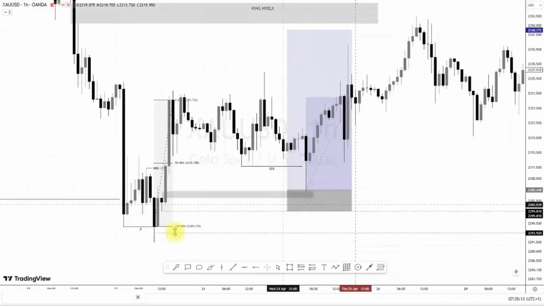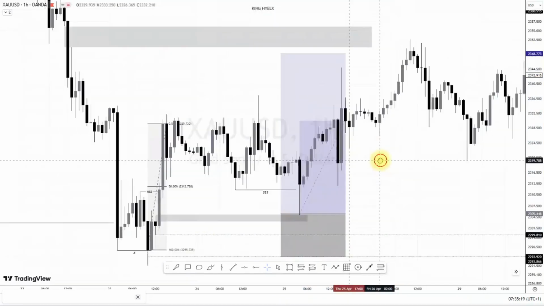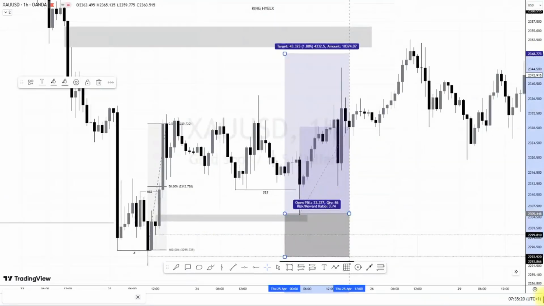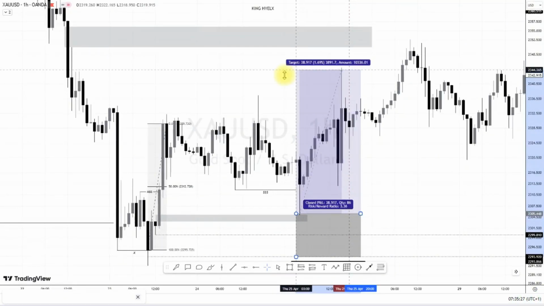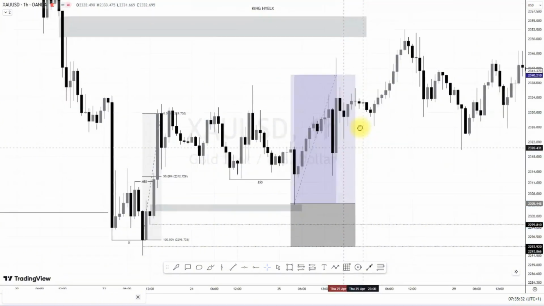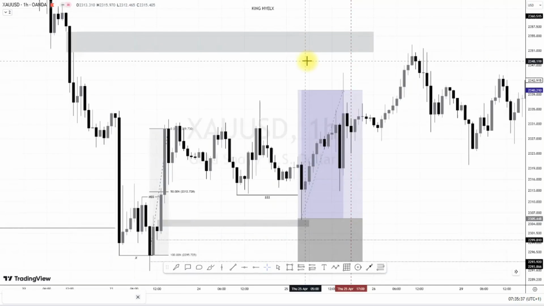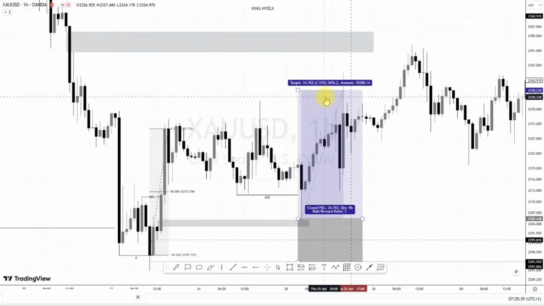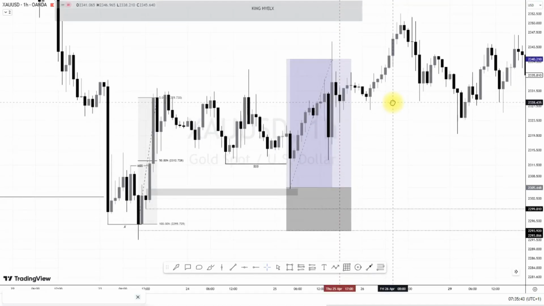I actually took this on a 1:3 because I like consistency. I've realized that if I can be consistent in getting 1:3 setups on gold, then I am golden, right? So 1:3 and out, before even the fair value gap, because the aim of any trade setup is not to be right, but to make money, and over time trades compound.